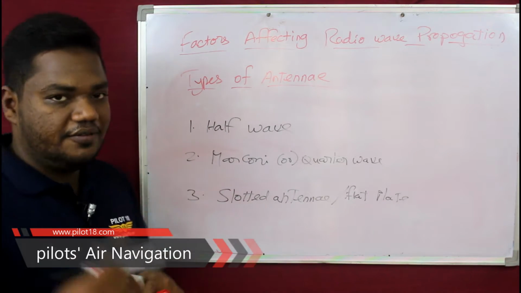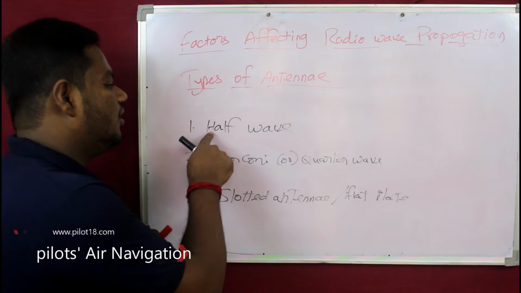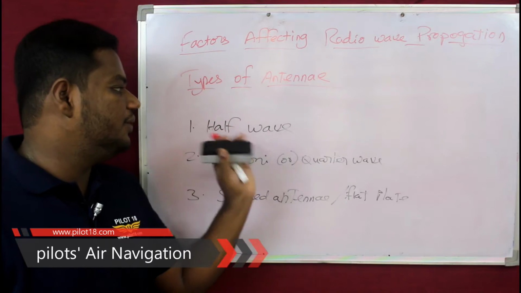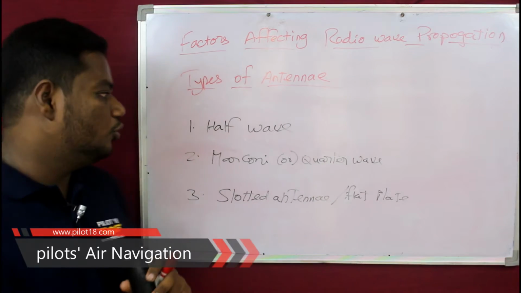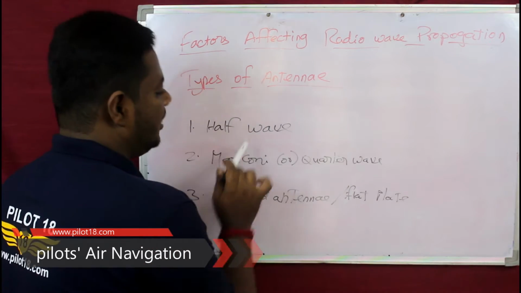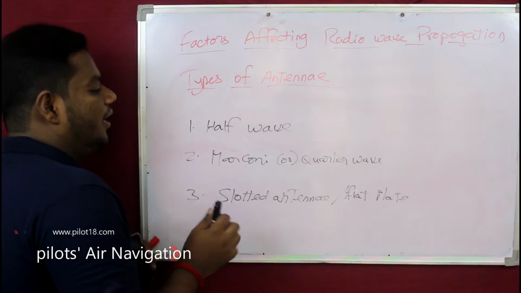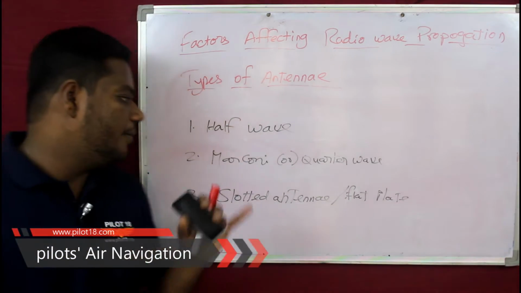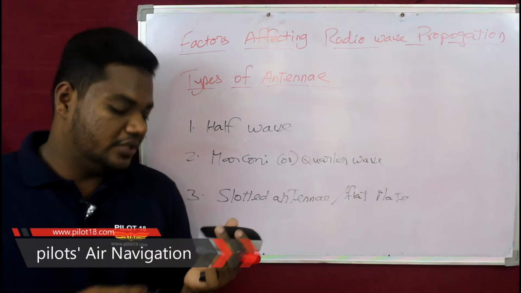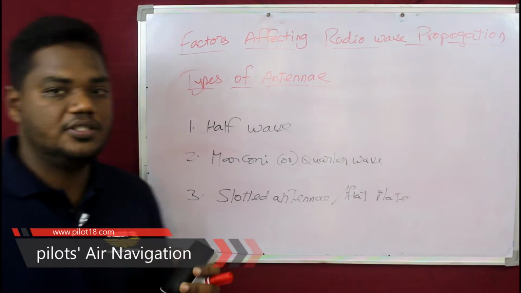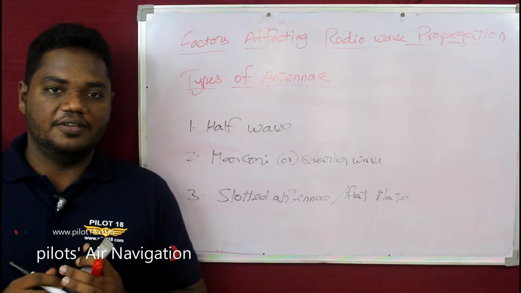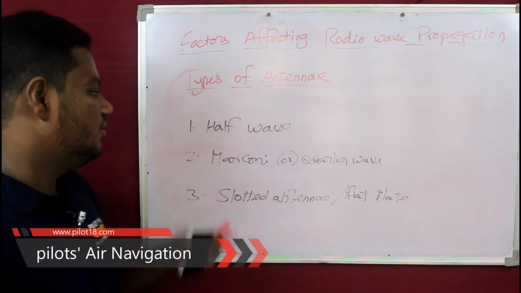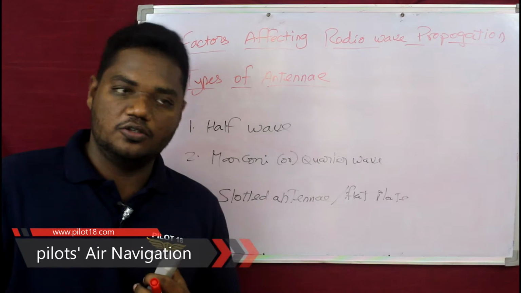So whatever the wavelength may be, the antenna size should be 50% of the wavelength. Those types of antennas are known as half wave antenna. And another type is quarter wave or Marconi aerial. So these aerials have a quarter size of the wavelength. If the wavelength of the radio wave is 1 meter, then the antenna size would be 0.25 meter.